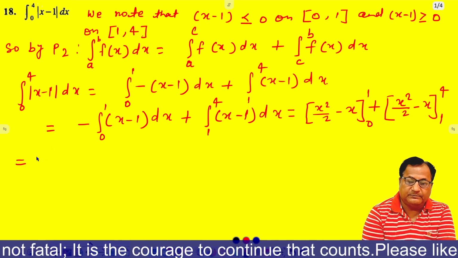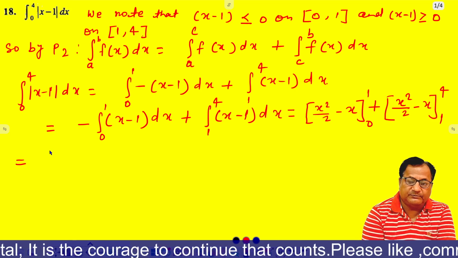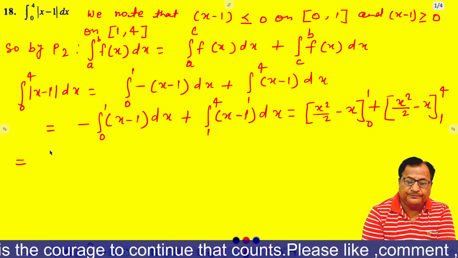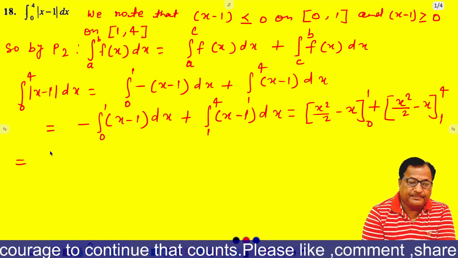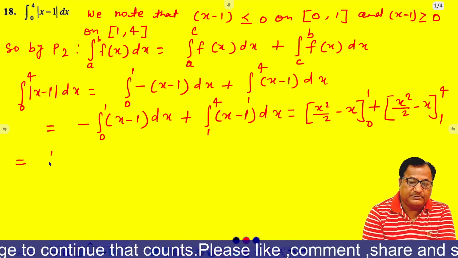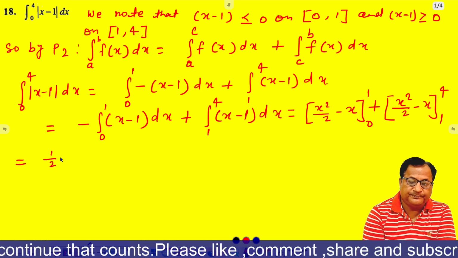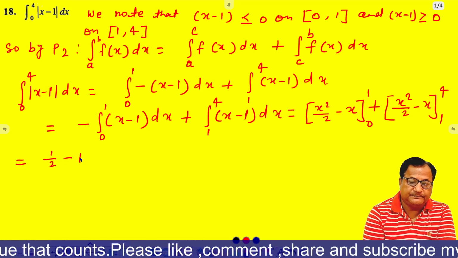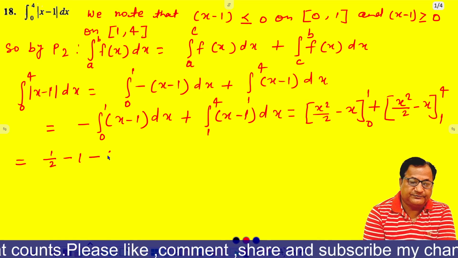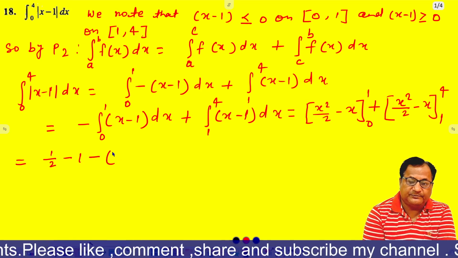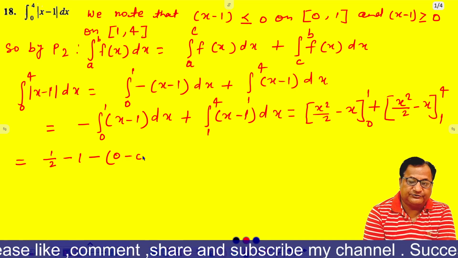Now we'll put in the values. First we put the value 1, then it will be 1 by 2 minus 1, minus, if we put 0, then it will be 0 minus 0.